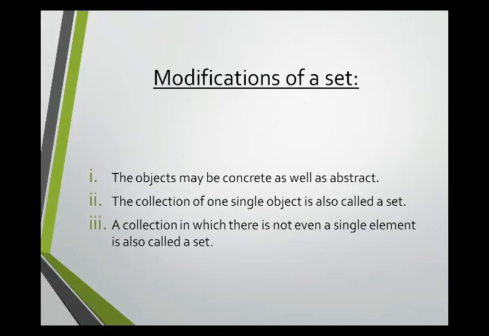Now we move towards our next objective, which is modifications of a set. How do we modify a set? We modify a set in 3 ways. The first is that objects may be concrete as well as abstract.